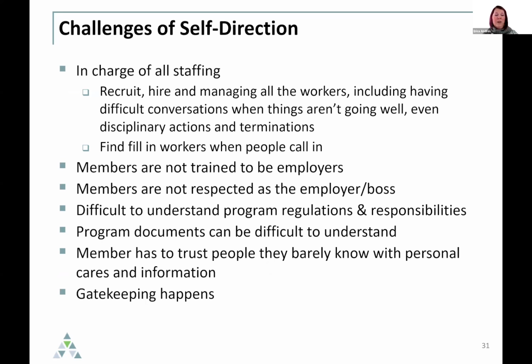You also have to find fill-in workers when people call in. Sometimes we're just not trained to be employers. We don't know employment law and things like that. That's where our support brokers come in and can be really helpful. Also, people don't always respect us as the boss or the employer. Again, that's when we have to be our own advocates and when our support broker could really help.